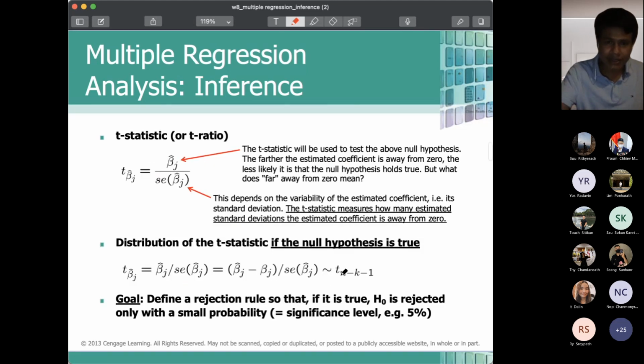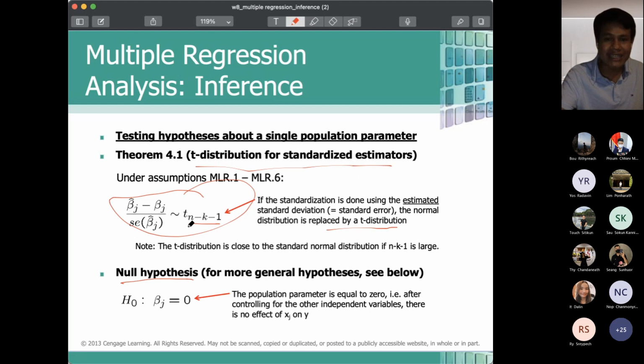All right. So next, in order to test the null hypothesis that the population parameter equals 0, we need the t statistic. We need the t value. And here, as you can see from earlier, t is delta j hat minus delta j, divided by the standard error of delta j hat. But here, our null hypothesis states that delta j equals 0.